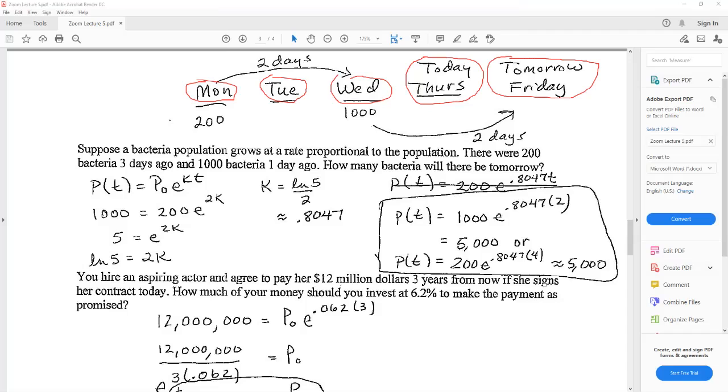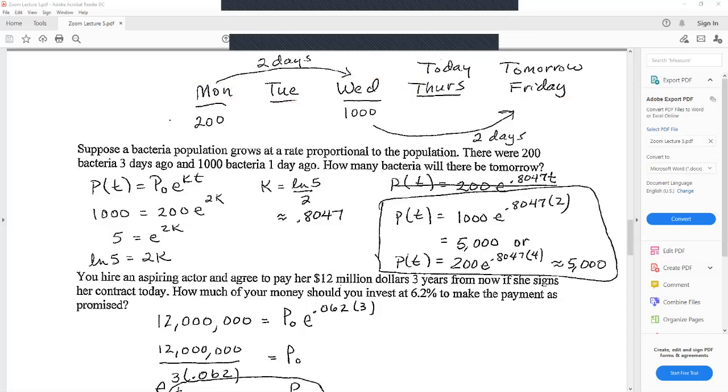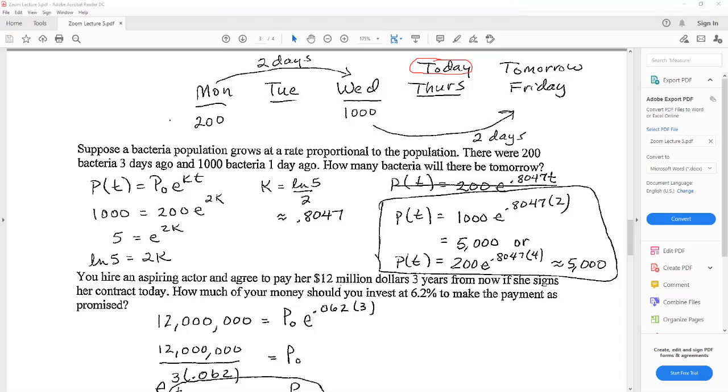Well, it says, suppose a bacteria population grows at a rate proportional to the population. There were 200 bacteria 3 days ago. Well, if I let Thursday be today, if I start here at today, then I know that 3 days ago, I had 200 bacteria.